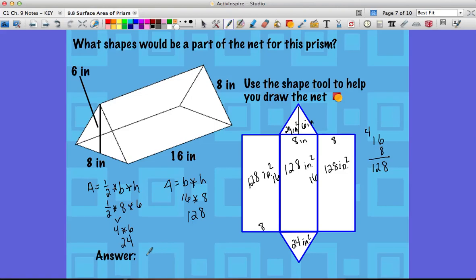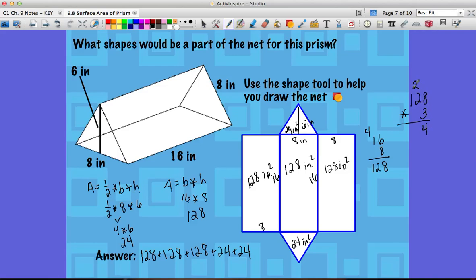So I have to take 128 plus 128 plus 128 plus 24 plus 24. Now I'm going to go ahead and go over to the side. I know that because I'm doing repeated addition that I can use multiplication. So I'm just going to do 128 times 3. 8 times 3 gives me 24. Carry the 2.